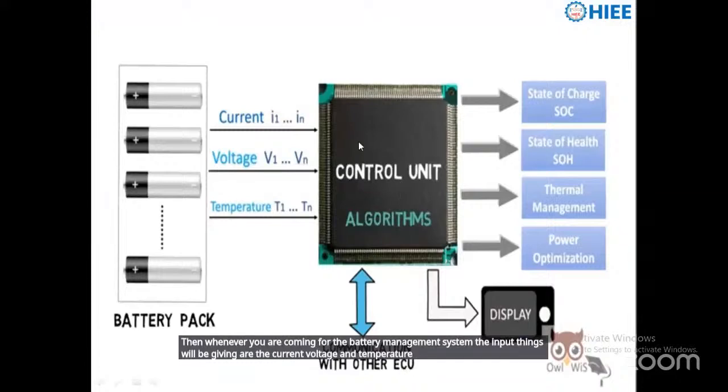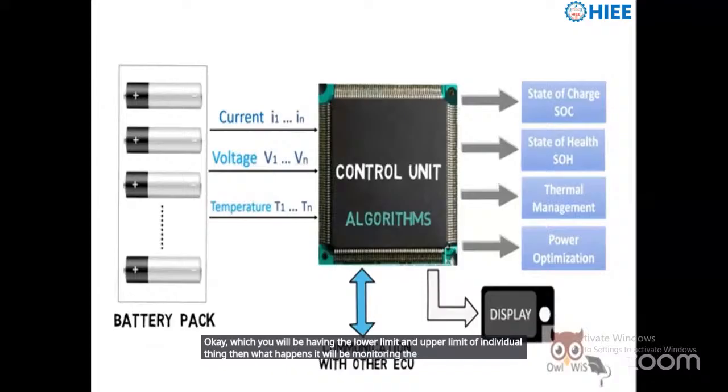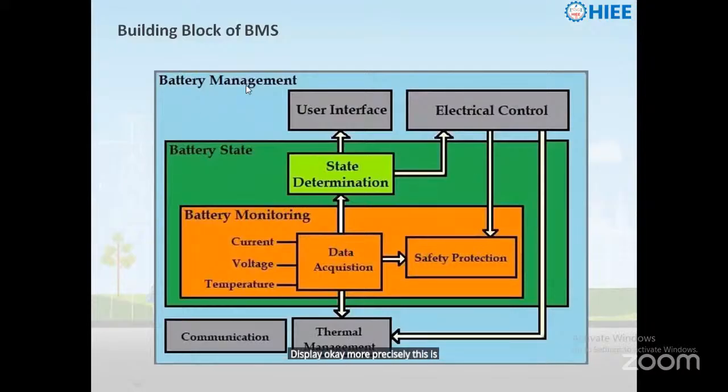And inside the control unit, you will have the threshold values of current, voltage and temperature, which have a lower limit and an upper limit for each individual quantity. Then it monitors the current, the voltage, and the temperature, and based on the monitoring, it gives the output of state of charge, state of health, state of thermal management system, and then it also does power optimization, and everything is integrated towards the display.